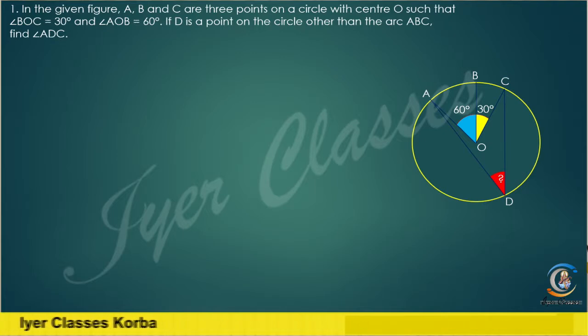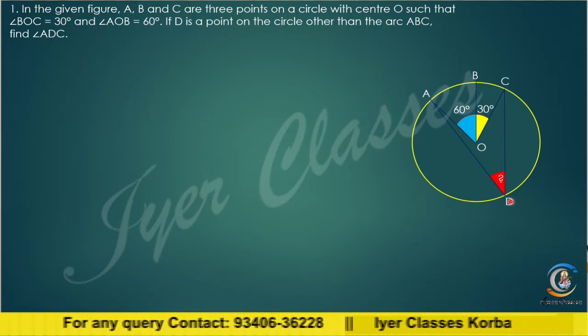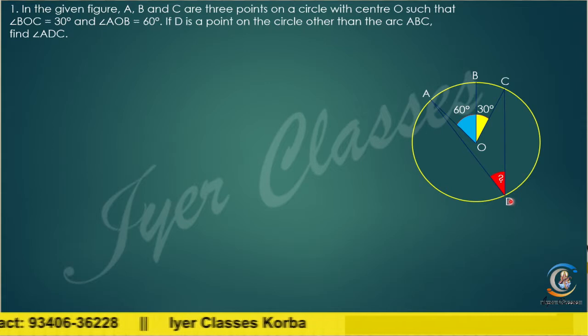D is any point on the circle such that it lies on the circle other than the arc ABC. Find the angle ADC, which is in red, right?